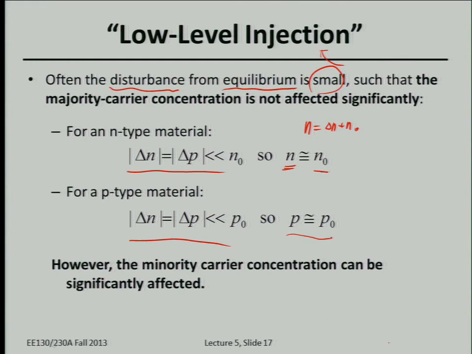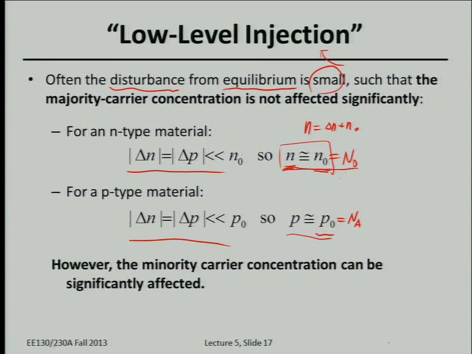So basically, think about n-type materials. Electrons are majority carriers in n-type materials, and I assume the electron concentration is just equal to the equilibrium state electron concentration, which is further dictated by the donor concentration we put into the semiconductor. The case for p-type materials is that the total hole concentration should be approximately equal to the equilibrium hole concentration, determined by the acceptor concentration I put in the semiconductors, okay? So this is called low-level injection.